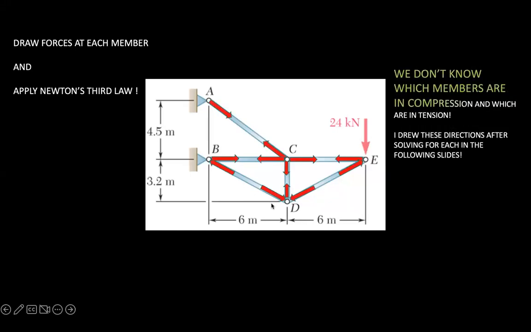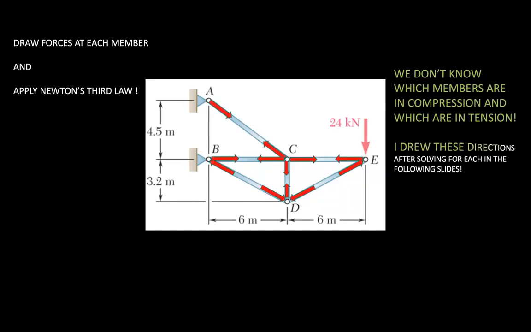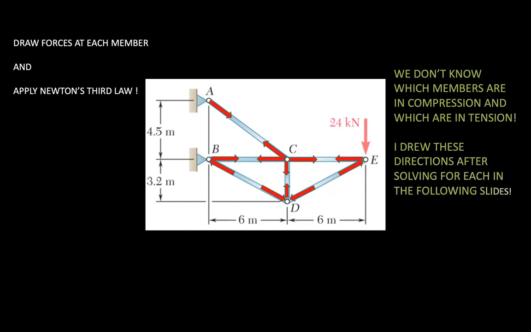We don't know which members are in compression and which are in tension, but I drew these directions after solving for each of the force directions in the following slides. So this is kind of a summary diagram after all the hard work I did. As you can see, focusing on each of the members, member CE, this is a Newton pair force.